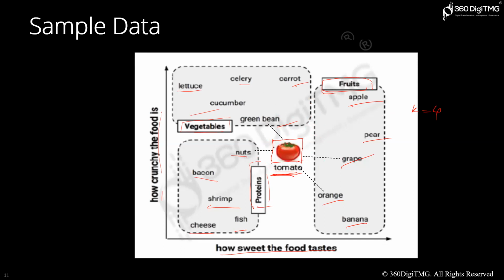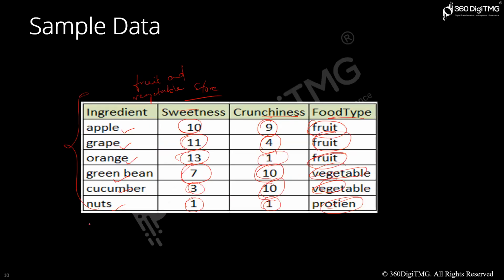We have to identify whether it is a vegetable, a nut, or a fruit. We look at the sweetness of the tomato. A tomato is a bit sweet because it ripens into a red color, so we can take it as 10. The crunchiness of the tomato is maybe 5, because it has thick, juicy matter in it.